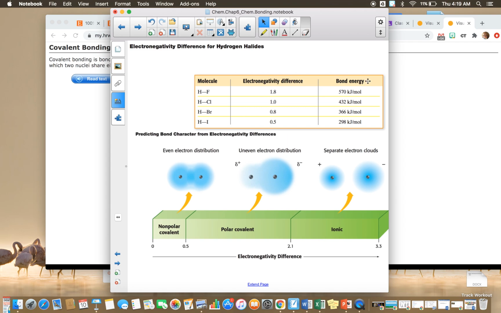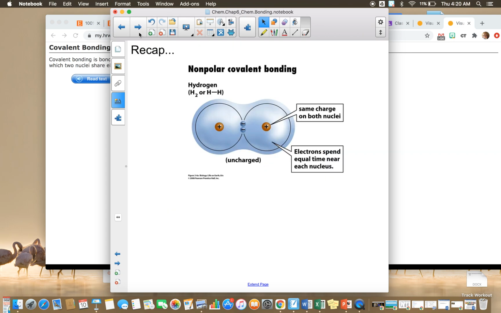But what do you notice about the bond energy and the electronegativity differences? I hope you see a trend that the higher your electronegativity difference, the higher your bond energy is. And the lower your electronegativity difference is, the lower your bond energy is. So just a trend I was hoping that you'd notice.